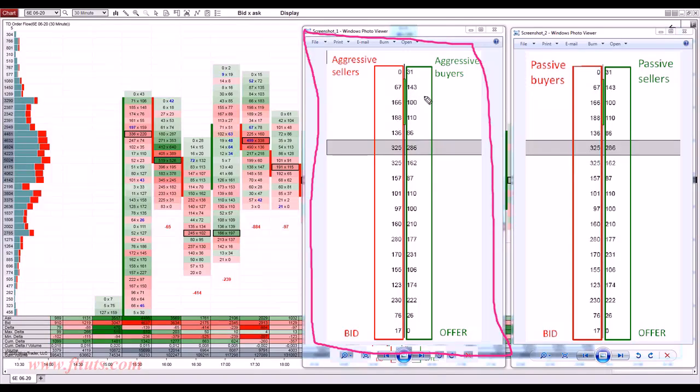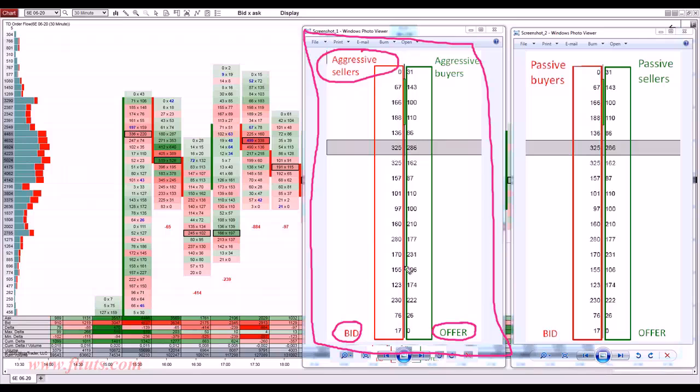It shows a footprint. This is the bid side, this is the offer side, and when there is an aggressive seller, the aggressive seller enters with a market order. That's how you tell it is an aggressive seller. So if you go into the market and sell with a market order, you are considered an aggressive seller. And this selling order you place in the market will show in here on the bid side.